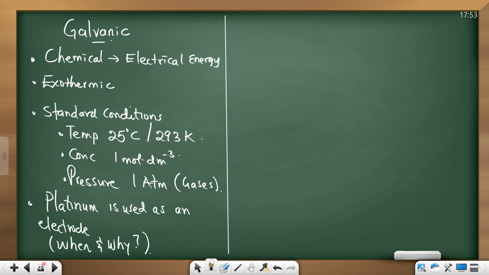When do we use platinum? And why? When I have a gas involved in one of my half cells. And number 2. Thank you for giving me the why.